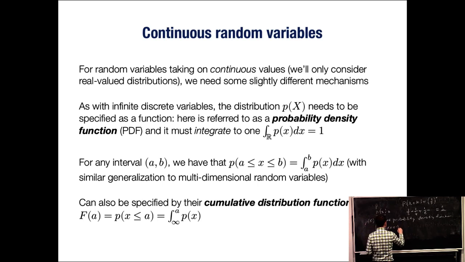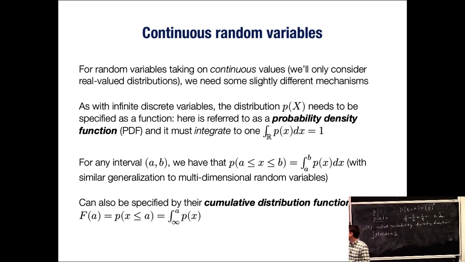dx equals 1. There is very little integral calculus in this course, so I'm not going to make people actually compute any of these integrals. There is derivative calculus. You have to know derivatives, because that's very useful for optimization. Integrals are not as common, at least in most machine learning and data science. But definitionally, this is what you have for a probability density function instead of a probability function.